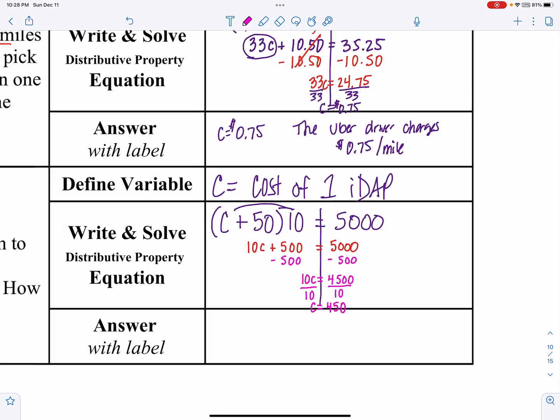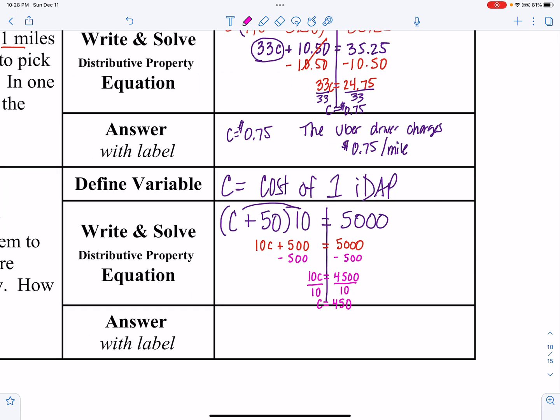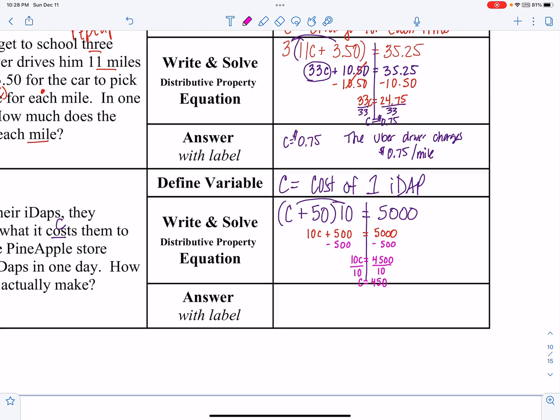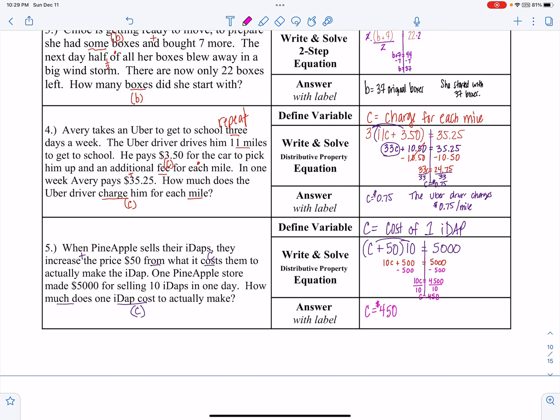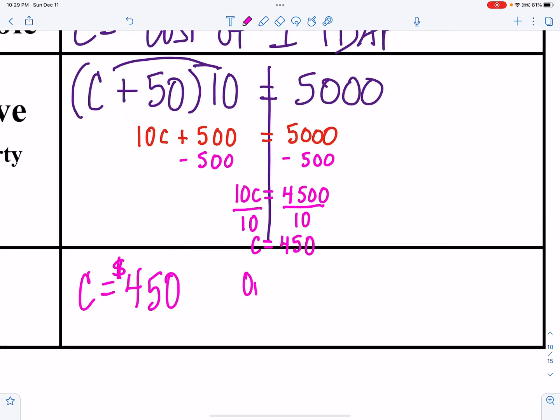Okay, and so when we go ahead and write our answer, that means the cost to make an iDAP is $450, and we need to mark that as money and answer the question, how much does one iDAP cost to actually make? One iDAP costs $450 to make. And that's it.